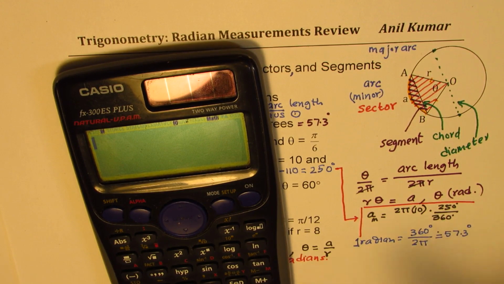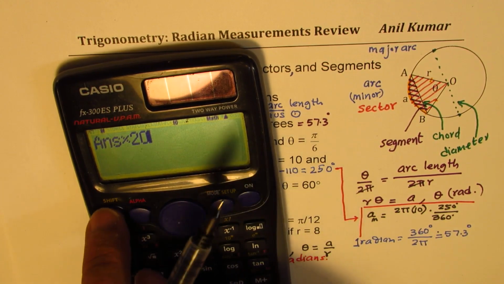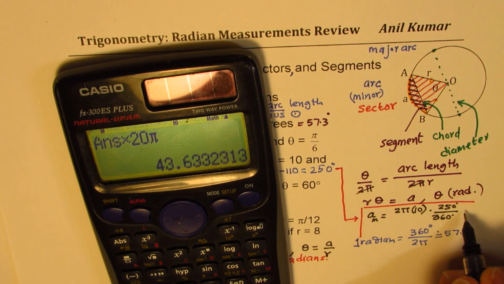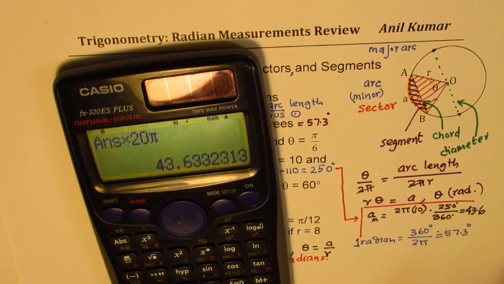Let's calculate our answer. So we have 250 divided by 360, and we are going to multiply this by 20 pi, right? The answer in decimals is equal to 43.6. Correct?